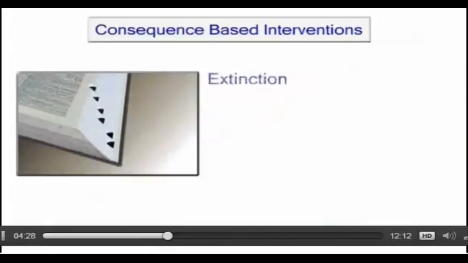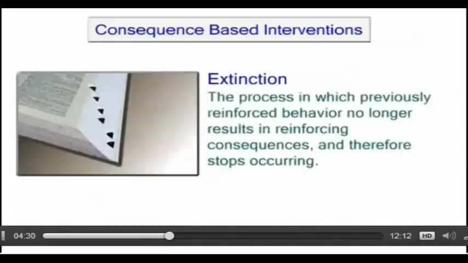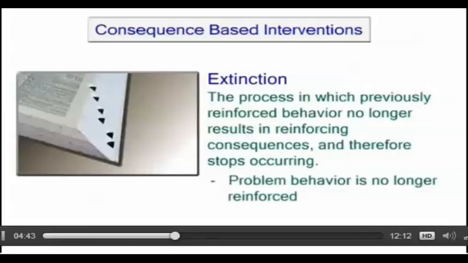We'll begin with extinction. Extinction is the process in which previously reinforced behavior no longer results in reinforcing consequences and therefore stops occurring. Practically speaking, the frequency of problem behavior is reduced because it is no longer being reinforced.